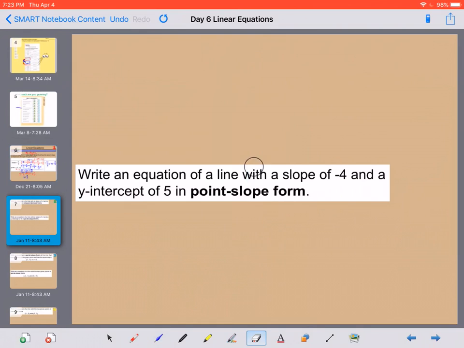Alright, next problem. We need to write an equation of a line with a slope of -4 and a y-intercept of 5 in point-slope form.